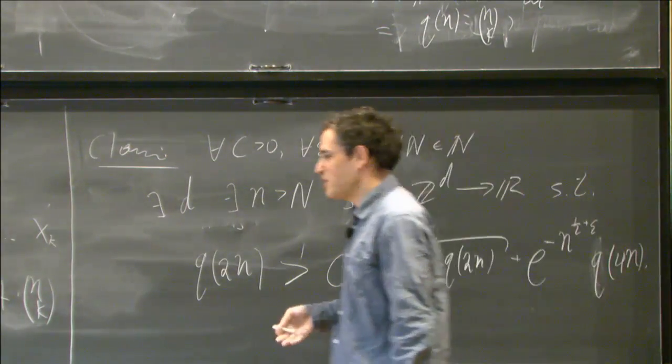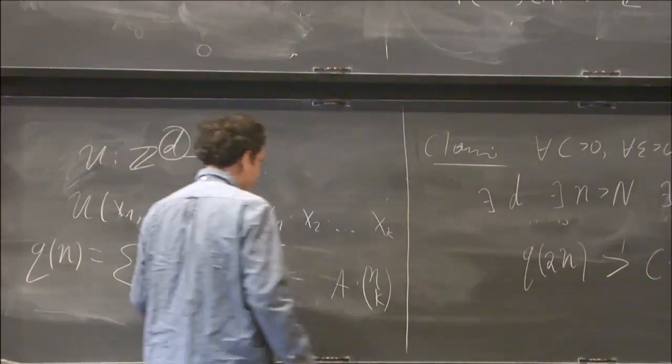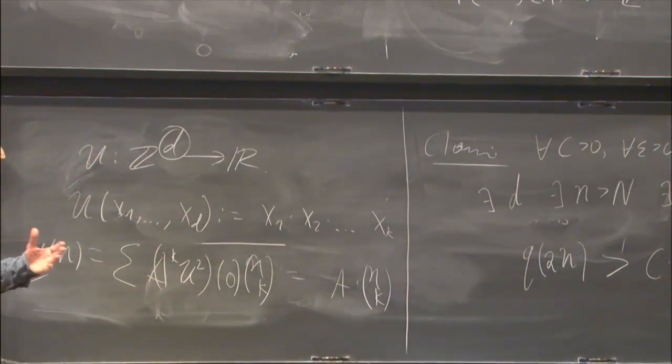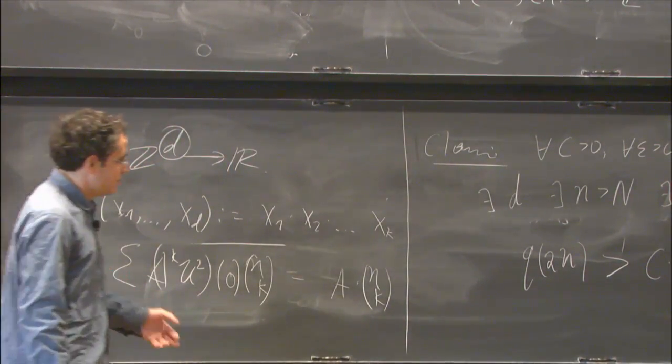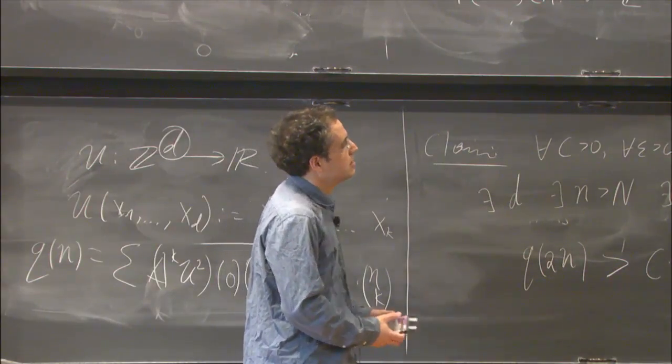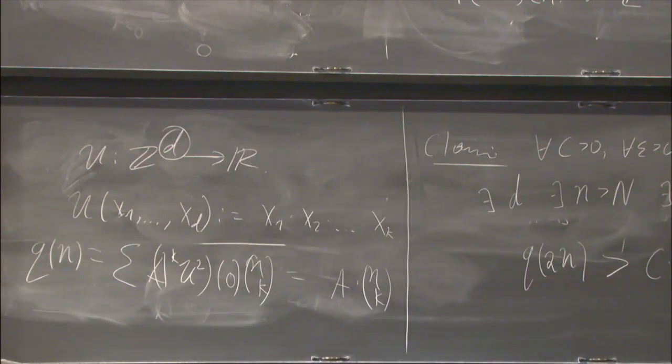So if we allow the dimension to be big, then this theorem is sharp. But somehow this is cheating. So we also try to check if the theorem is sharp while fixing the lattice, fixing the dimension.